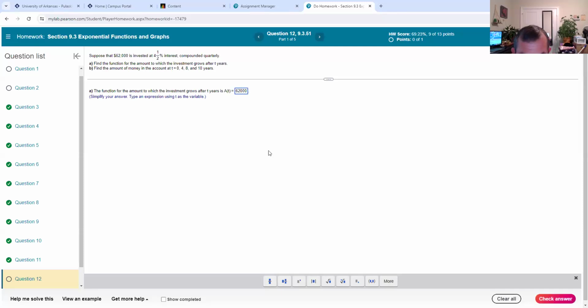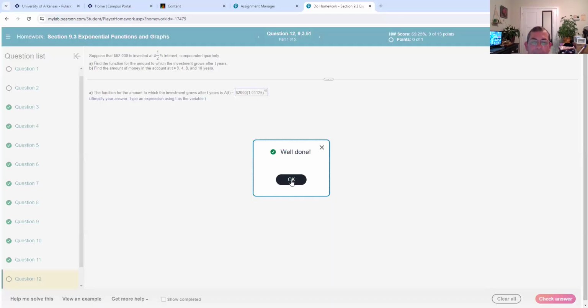And then we had our parentheses. 1.01125. Close parentheses. And then get the exponent and put in 4t. So now we've got the formula in like they want. You can check the answer and get it right.